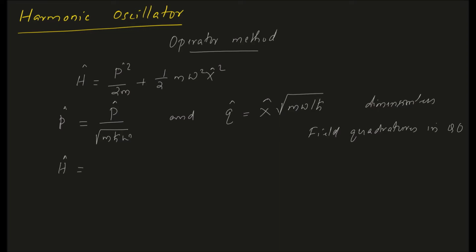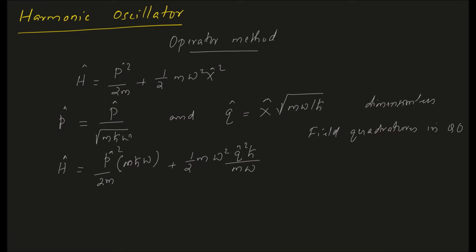H equal to, if I write capital P in terms of small p, I can write this as small p square divided by 2m times m h cross omega, plus half m omega square, and if I write capital X in terms of small q operator, this will be small q square h cross by m omega.